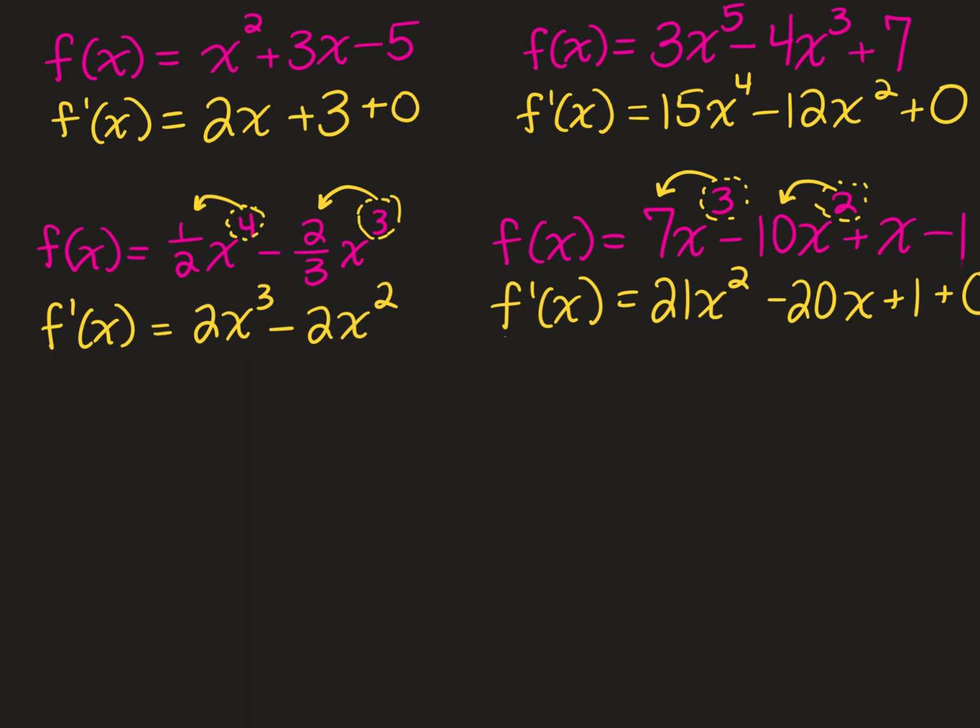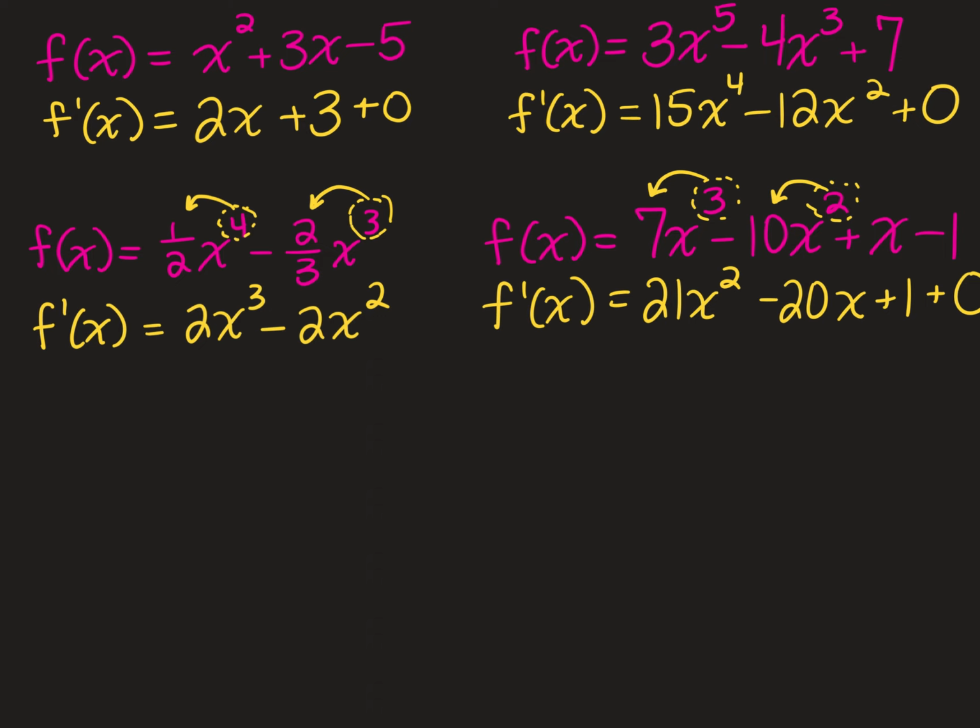Yeah, let's make it a little more interesting. So let's see, f of x equals negative 5x to the 7th plus 3x to the 4th minus 2/3 x squared plus pi.